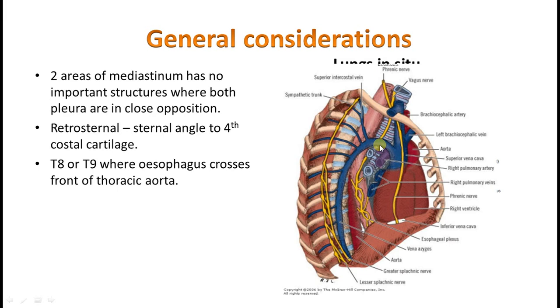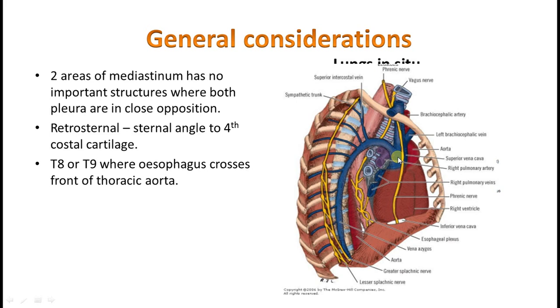Then when you look at how the mediastinal structures are disposed, all the major veins are on the right side. Your superior vena cava, your azygos vein, are all present on the right side. And you know the venous walls are very thin and offer little resistance. So any mediastinal growth tends to move towards the right side because of this reason.